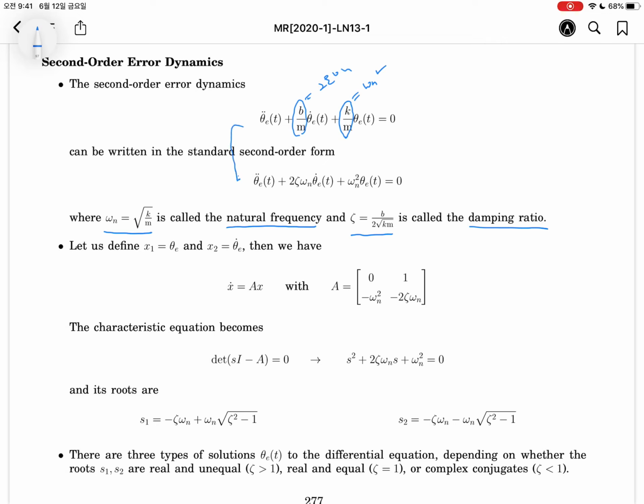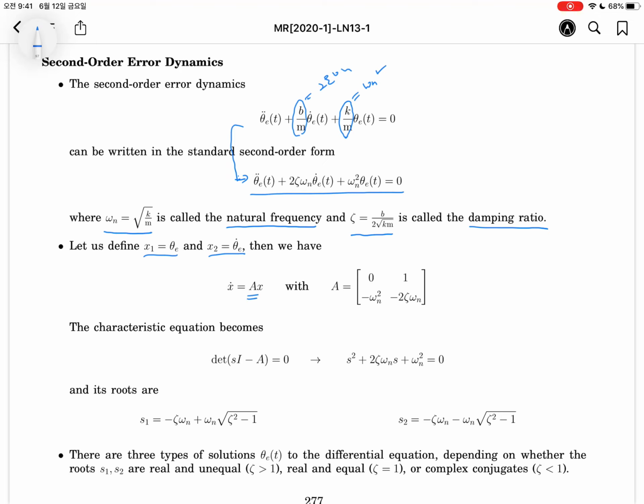Okay, so from now on, instead of the first equation, we will use the second equation, because this is the prototype or standard form of the second order differential equation. We will define two state variables: x1 as the error, x2 as the error dot.